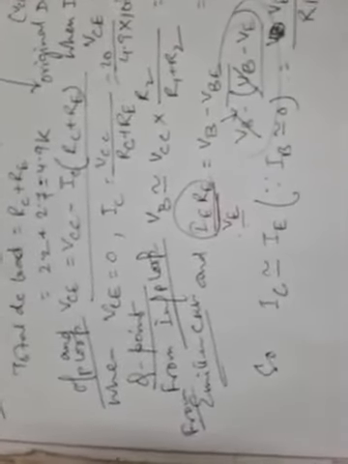IE means VE divided by RE, and VE means it is VB minus VBE, and we have found that as 5.6 volt. So 5.6 divided by RE, which is given as 2.7 kilo. So write 2.7 kilo, and this will give you 2.07 milliampere. So accordingly, we should now mark the bias point Q on the DC load line for IC equal to this value.